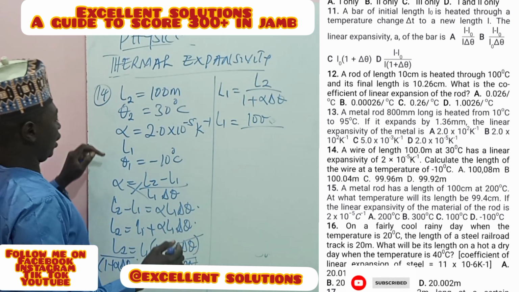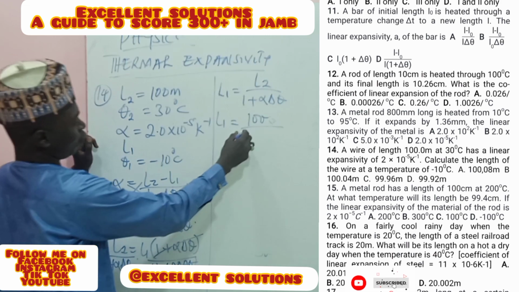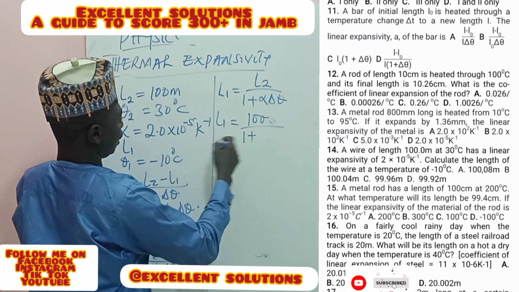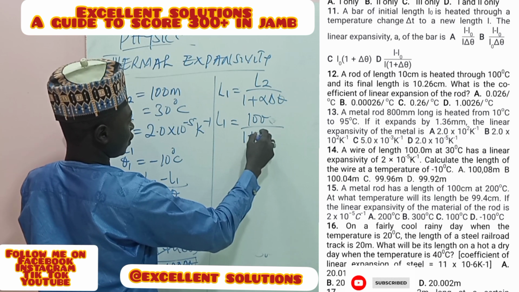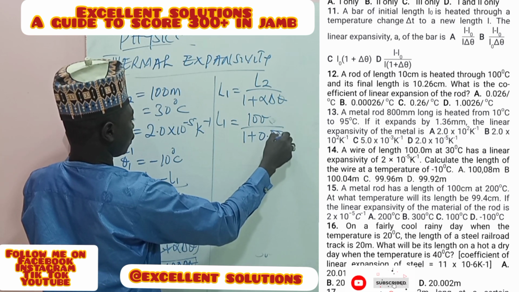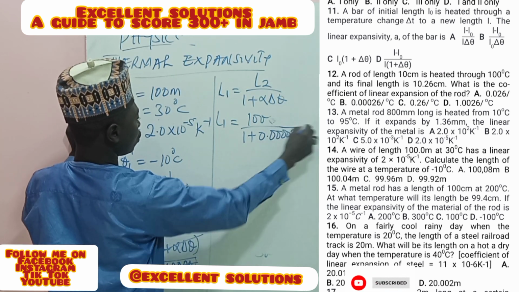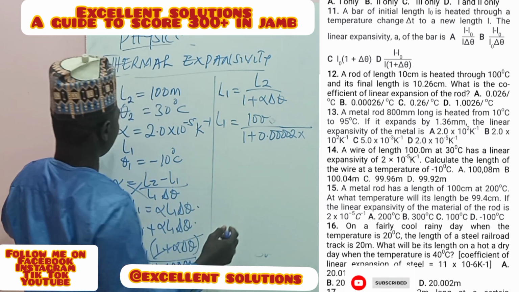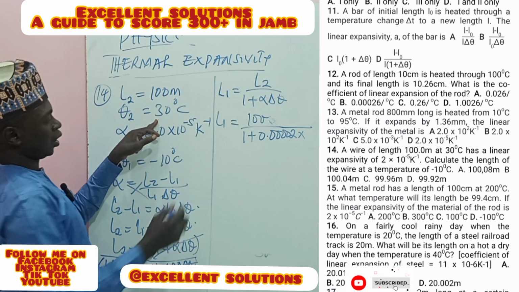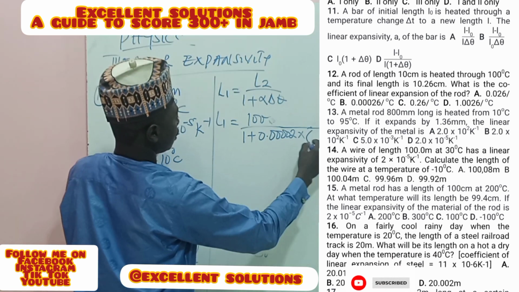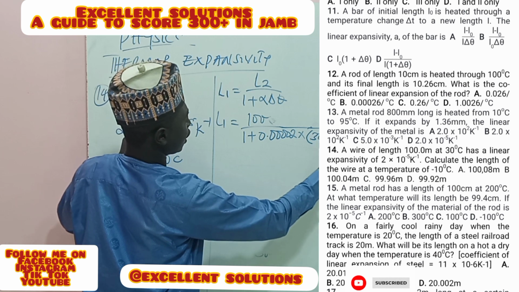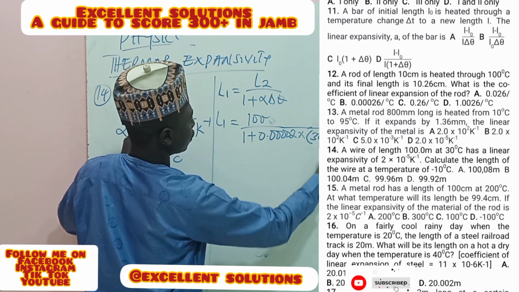divided by, for our L1, we have 1 plus our alpha, which is 2 exponential minus 5, the same as 0.00002. Then multiply by our delta theta, which is our theta 2, 30, minus our theta 1, minus 10.